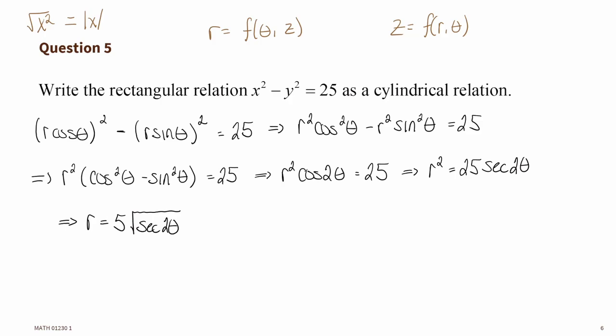Is it because r can never be negative? Well, that's true, but what's that got to do with secant? Yeah, I guess if they're equivalent. If it's the absolute value.